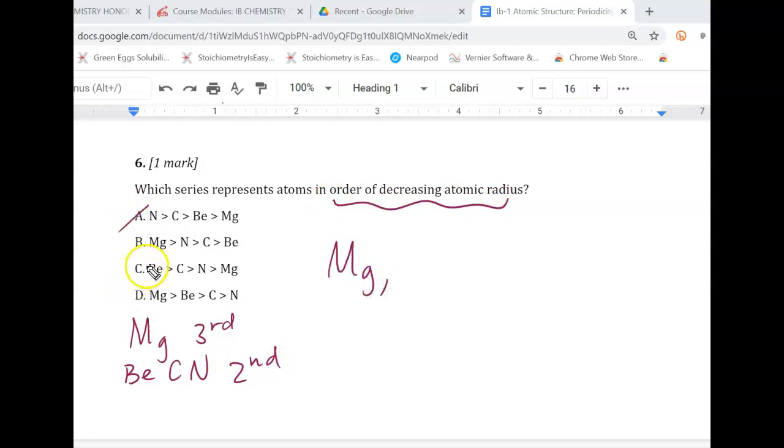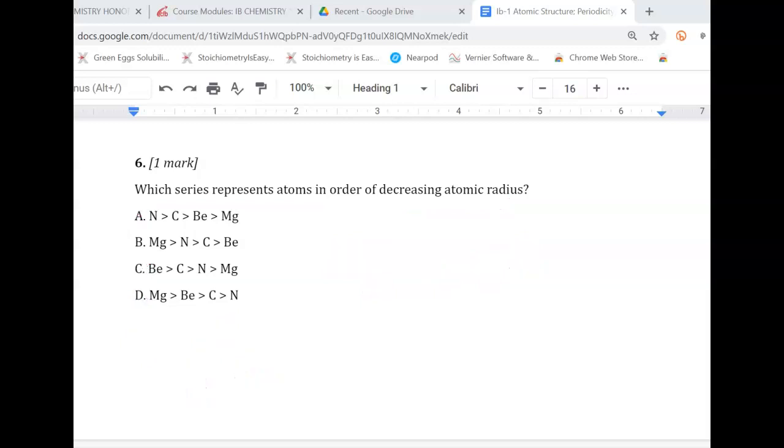That means I get to cross off A and C. Then I have to put beryllium, carbon, and nitrogen in order by increasing numbers of protons. Beryllium has 4, carbon has 6, nitrogen has 7. So in order of decreasing atomic radius, that would be beryllium, carbon, and nitrogen. So your correct answer should have been D in this case.